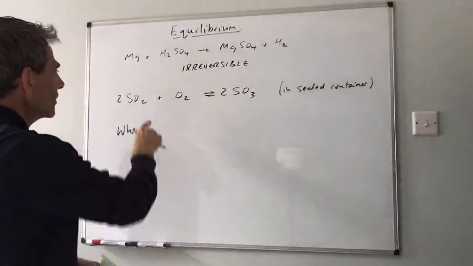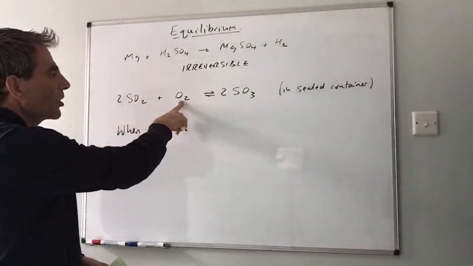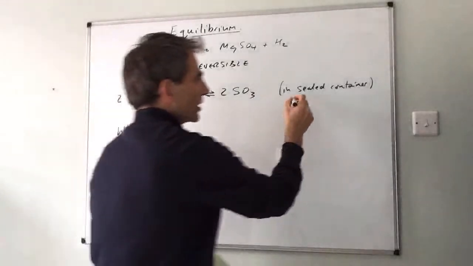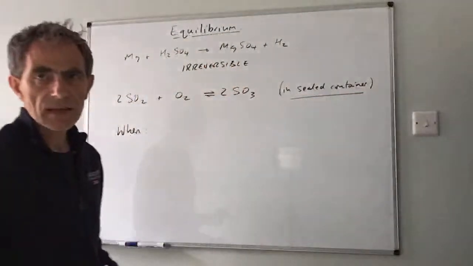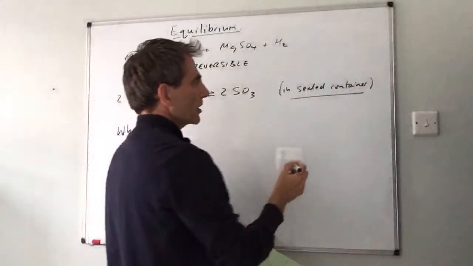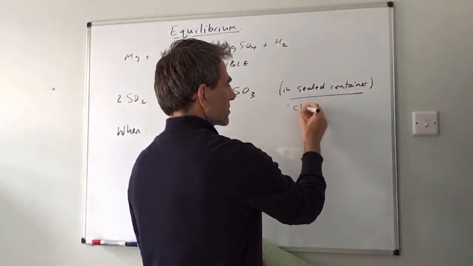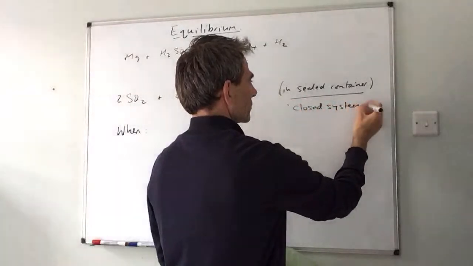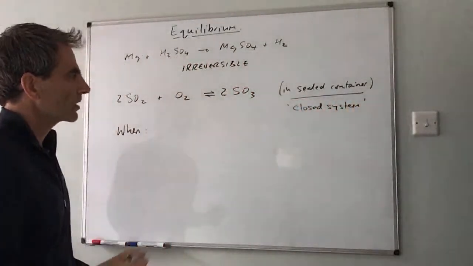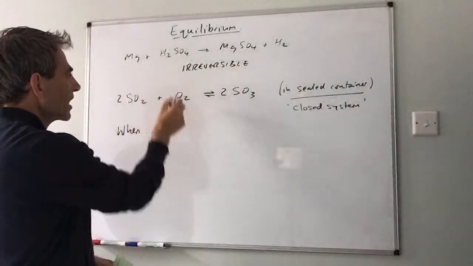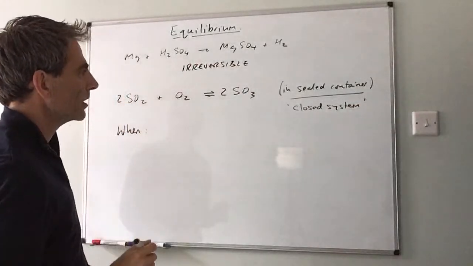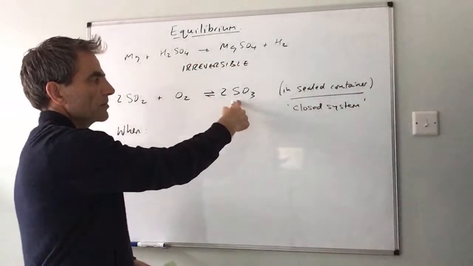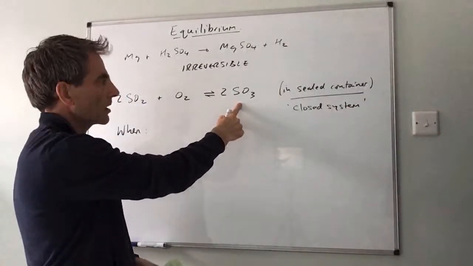However, if you took some sulfur dioxide and oxygen, the important thing is they need to be in a sealed container, also known as a closed system. If you place those two gases in that container, they would react and form sulfur trioxide.